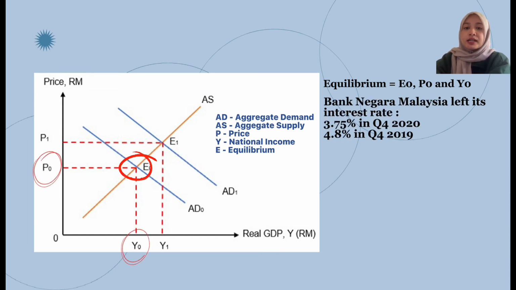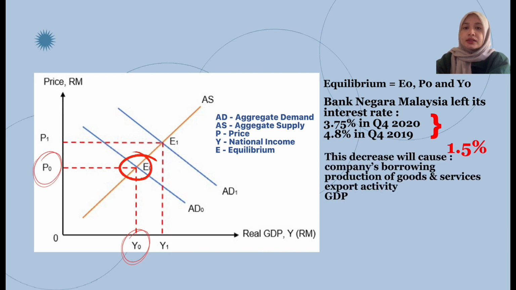If Bank Negara Malaysia left its interest rate at 3.75% in Q4 2020, it is slightly lower than Q4 2019 at 4.8%. There will be an interest rate difference of 1.5%. This decrease in interest rate will cause an increase in the companies' borrowing.